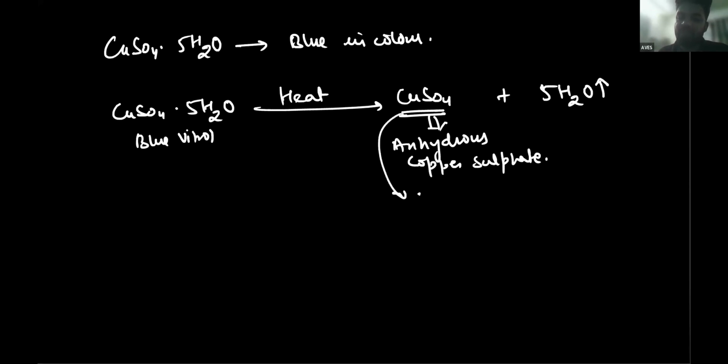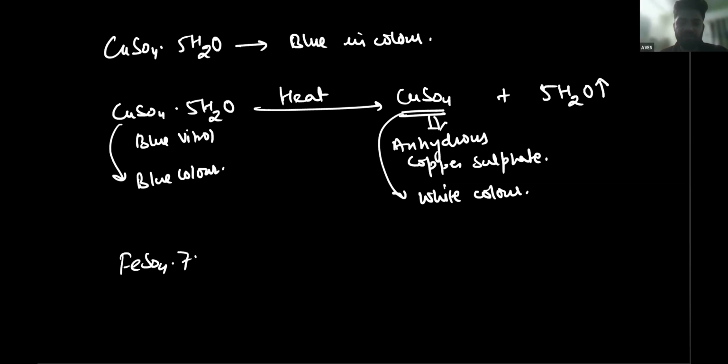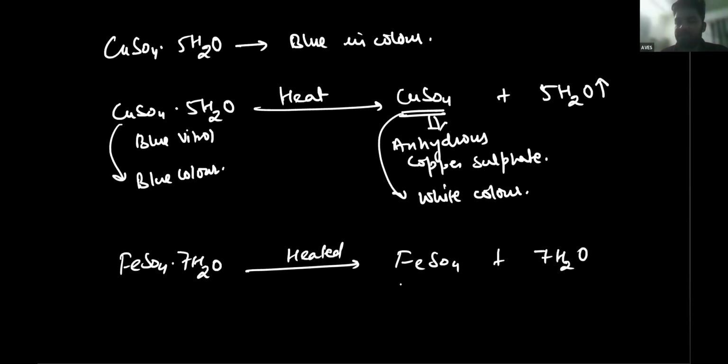This is a white color substance. The blue color of copper sulfate is due to the water of crystallization. Similarly, FeSO4.7H2O, the green vitriol, ferrous sulfate heptahydrate, when heated gives FeSO4, and the 7 water molecules evaporate.